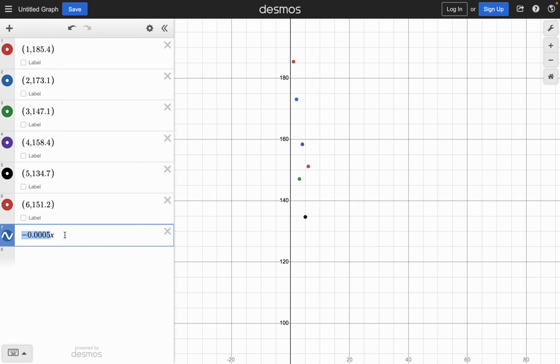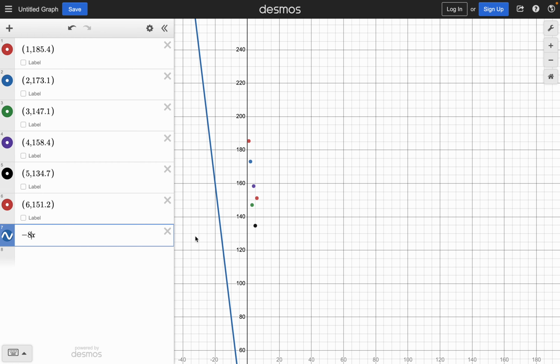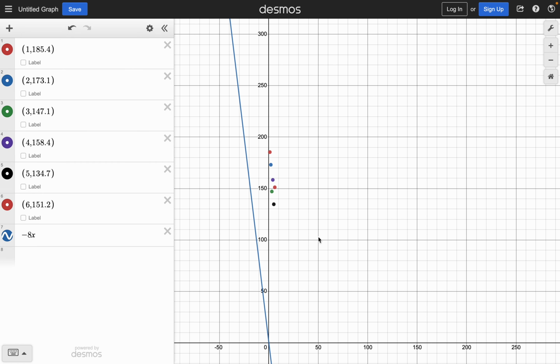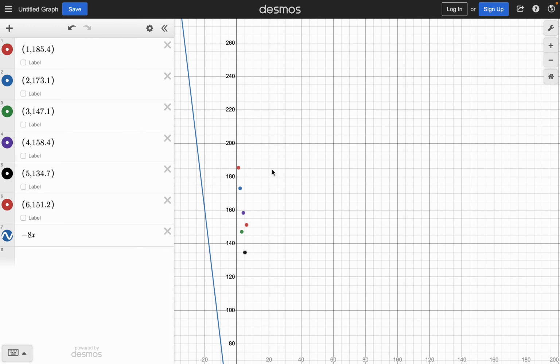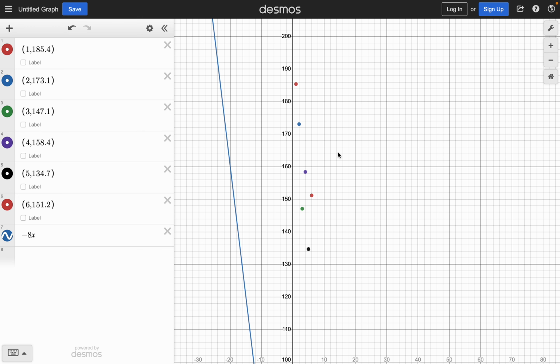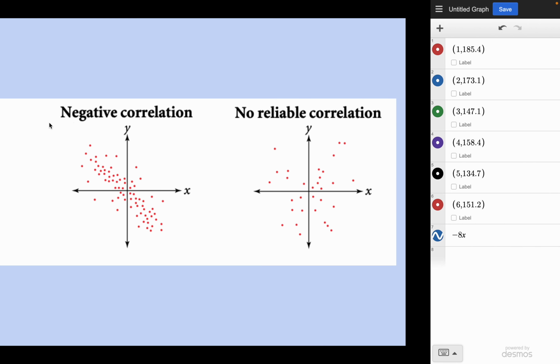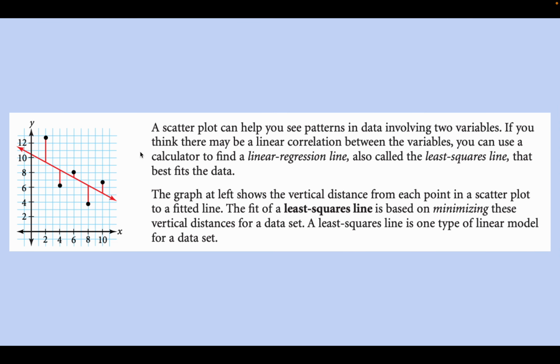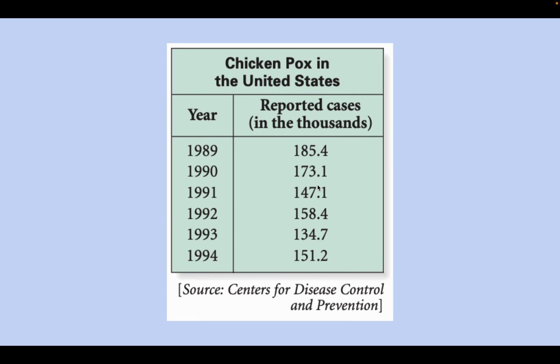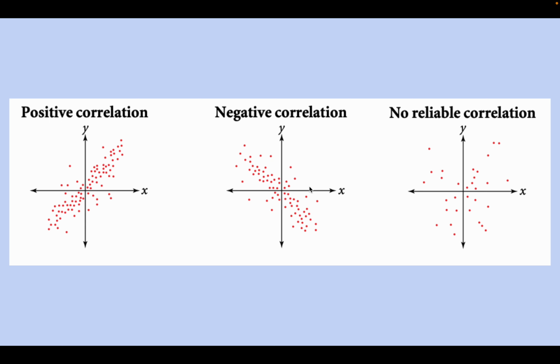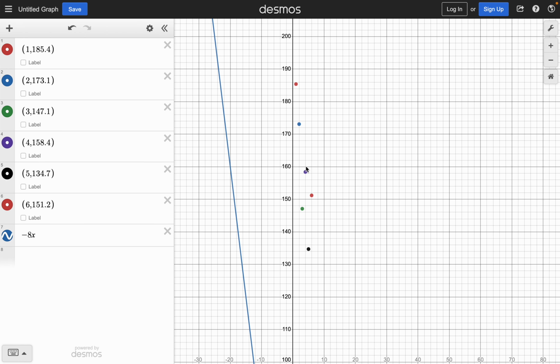If it's sloping really drastically, then it has a strong negative correlation. And with these points, it is a strong negative correlation because it slopes down drastically.